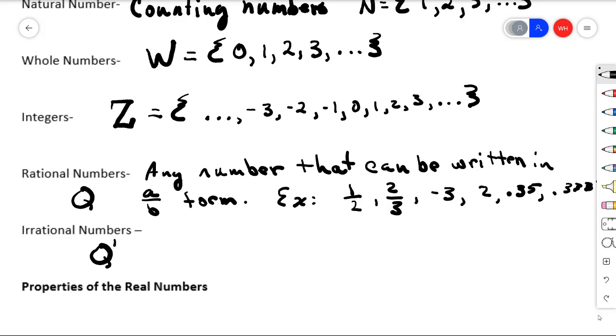An irrational number cannot be written in the A over B form. So I'm just going to write: cannot be written in A over B form.